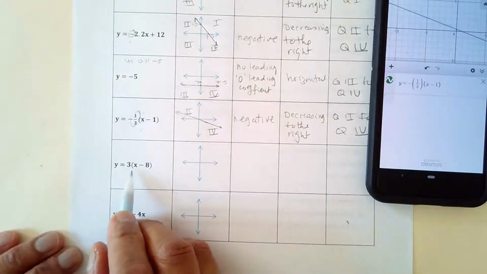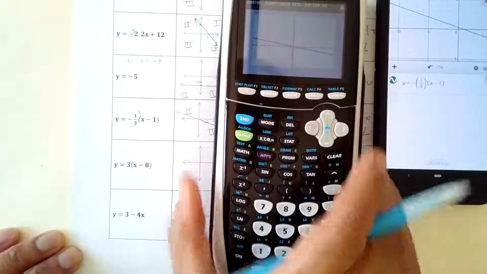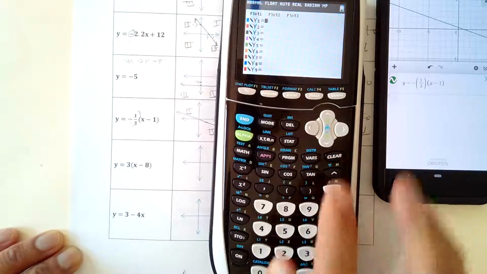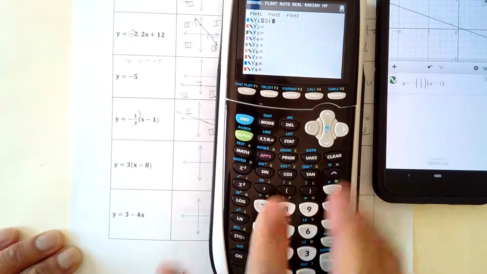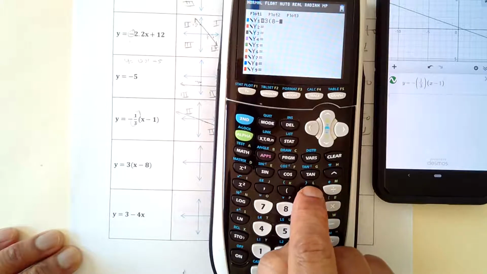y equal to 3 into x minus 8. Graphing calculator. Clear button. 3 open bracket x minus 8. Now this one gives you the bracket.